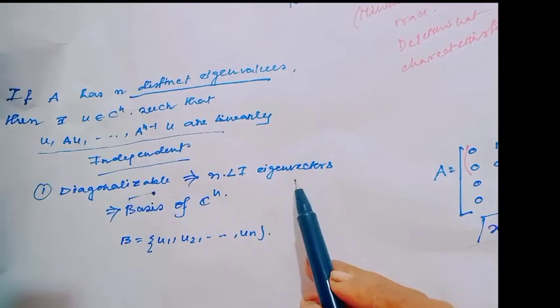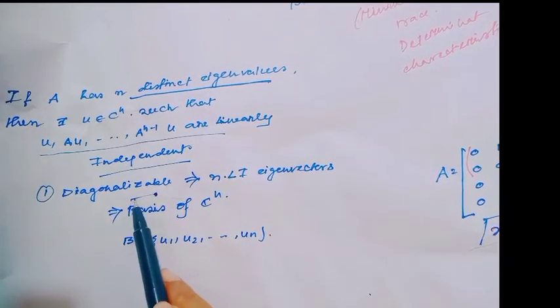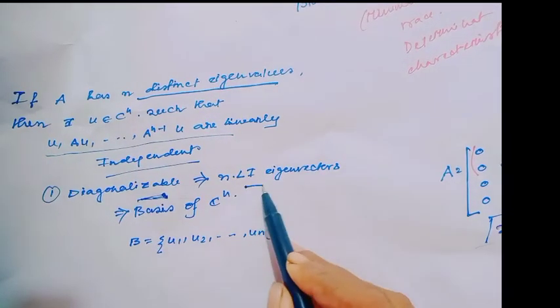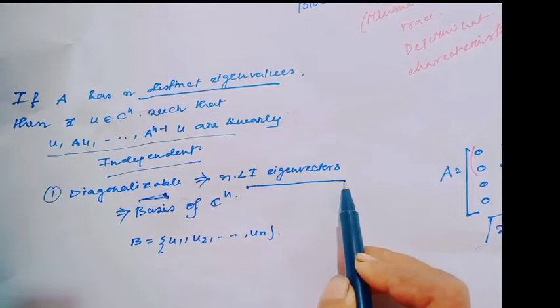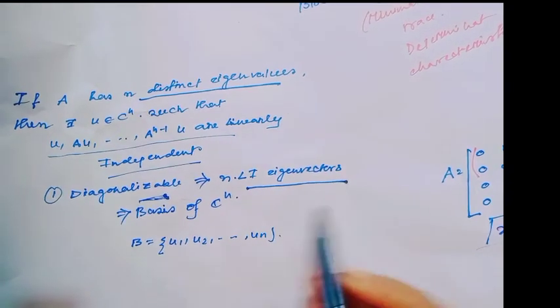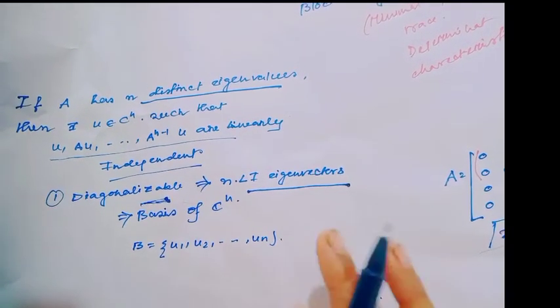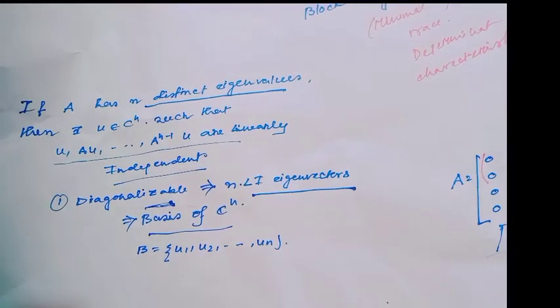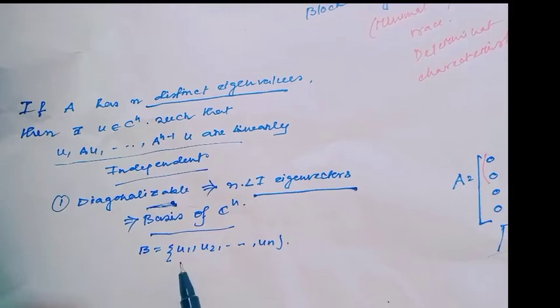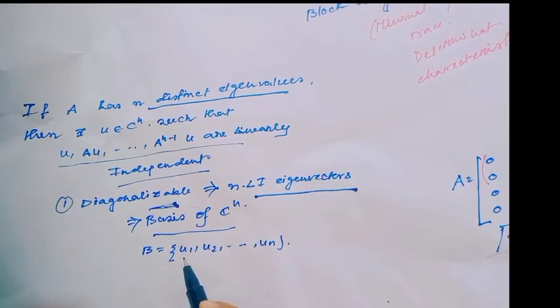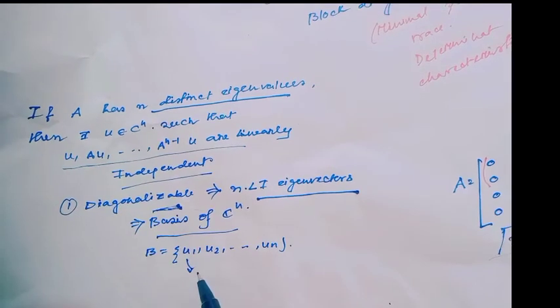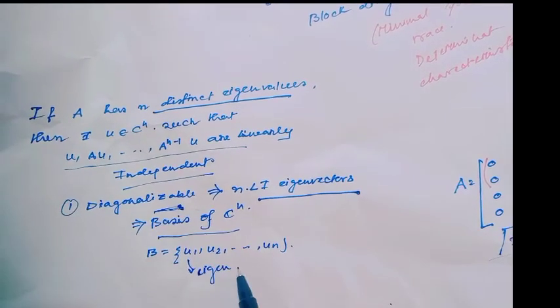That means there exist n linearly independent eigenvectors, and these eigenvectors form a basis of Cn. Consider this basis containing the eigenvectors u1, u2, up to un of Cn.